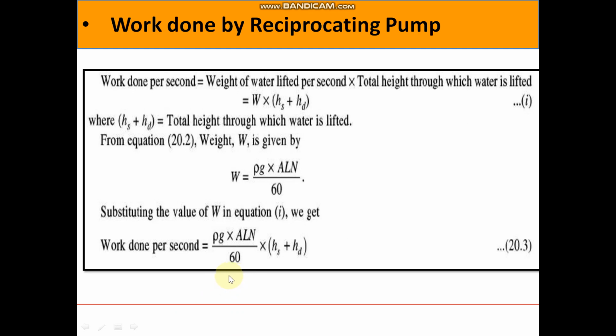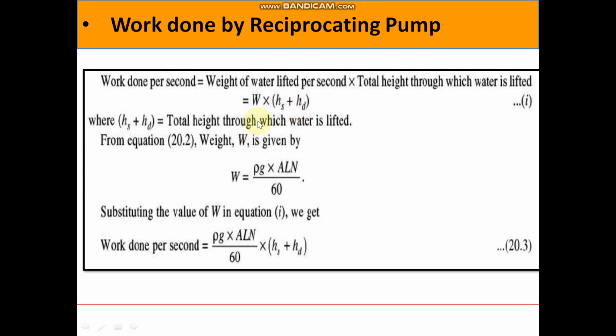Now let's see the work done by reciprocating pump. Commonly in physics, work done is evaluated by the formula force into displacement. Here our force is nothing but weight of water lifted per second, and displacement is nothing but distance of water to be lifted, that is summation of suction head and delivery head.